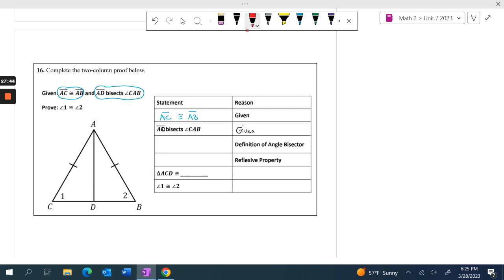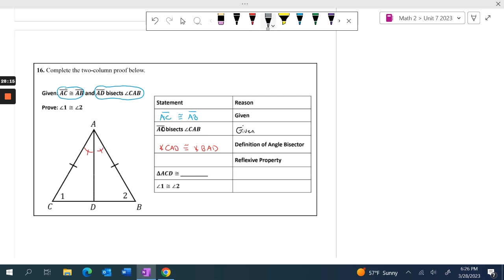So this tells me that this angle here is congruent to that angle there. So that's going to be my third statement. I'm going to have to name those 2 angles. Angle CAD is congruent with angle, and I'm going to name the other angle up here, and I would name it angle BAD. So that would be my third statement.